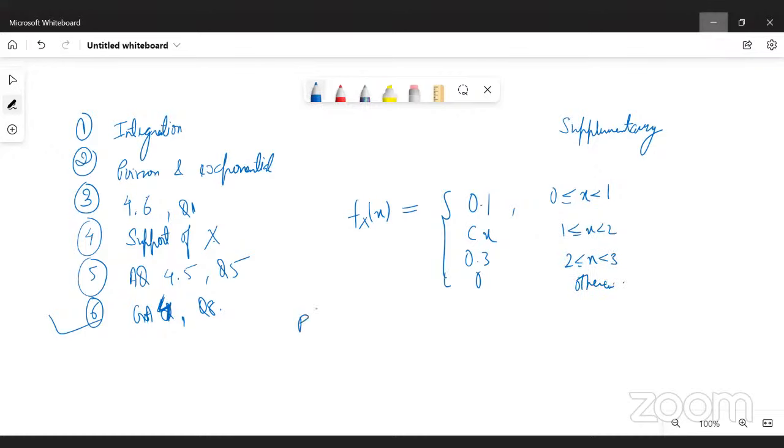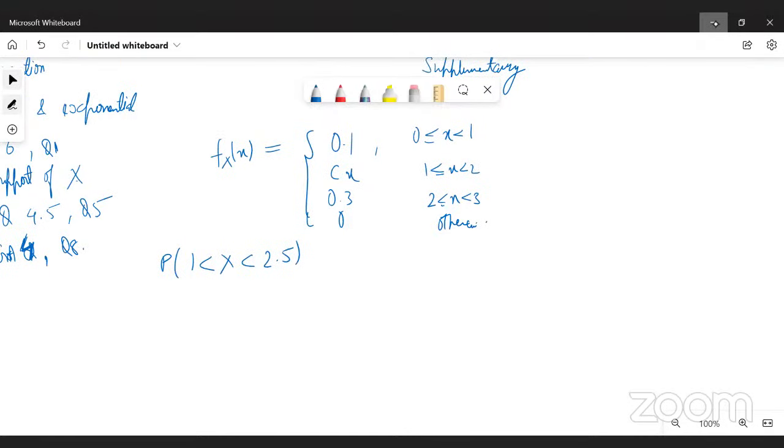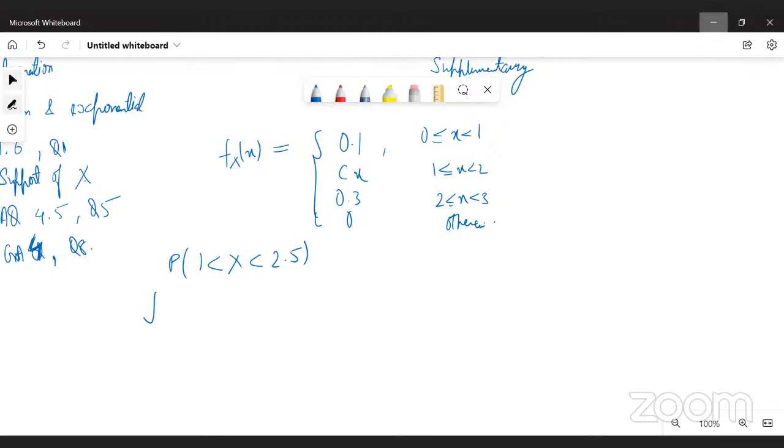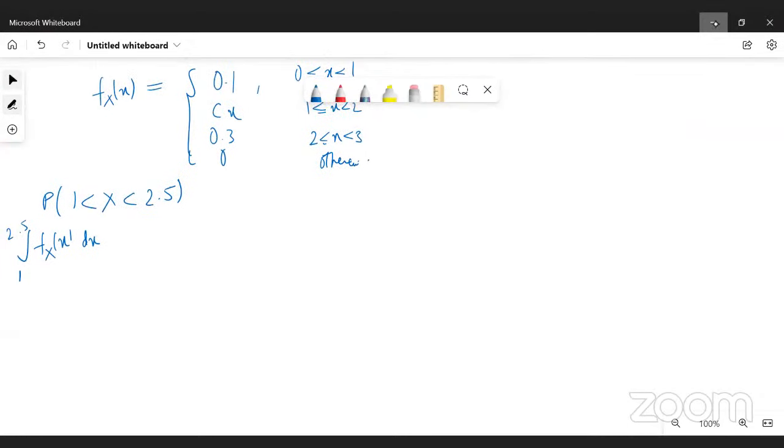We have to find the probability that x lies between 1 and 2.5. Yes, ma'am. So we'll have to integrate fx from 1 to 2.5, right? Can you mute?